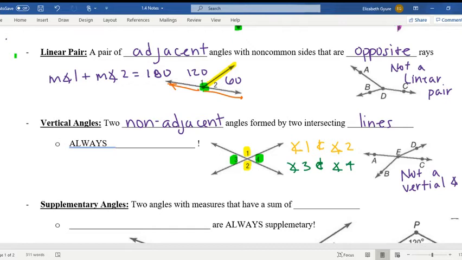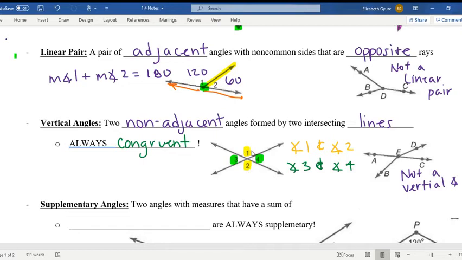One other thing, vertical angles are always, always, always congruent. If you took this X shape and folded it in half vertically, right, this way, 3 would line up perfectly with 4. If you cut it in half horizontally or folded it in half horizontally, 1 would line up perfectly with 2.